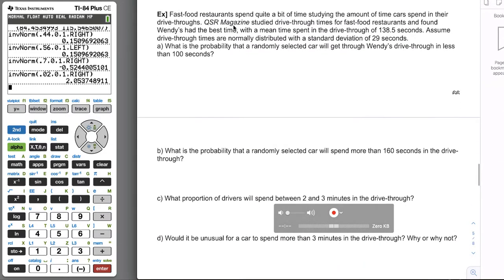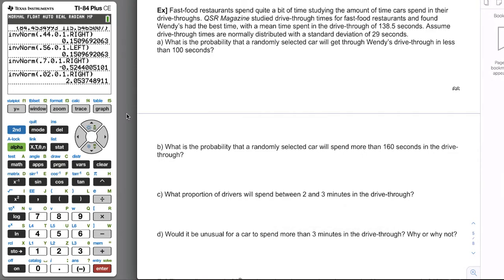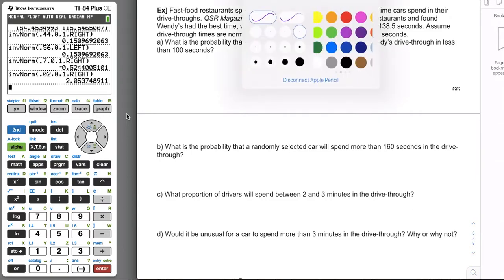Fast food restaurants spend quite a bit of time studying the amount of time cars spend in their drive-thrus. QSR Magazine studied drive-thru times for fast food restaurants and found Wendy's had the best time, with a mean time spent in the drive-thru of 138.5 seconds. Assume drive-thru times are normally distributed, with a standard deviation of 29 seconds. There are a couple important pieces of information I want to highlight here.